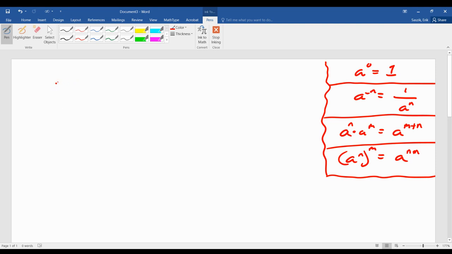So let's say we have something like this. There's a few different things we want to do. Let's say we have a to the 6th over a to the 3rd. Well, we know on the top that means a times a times a times a times a times a.